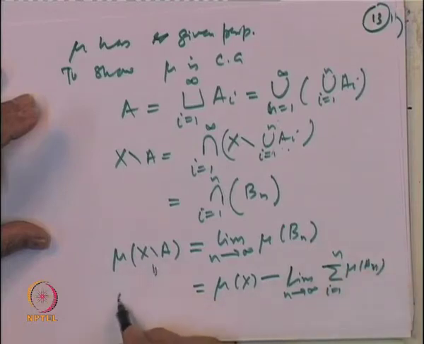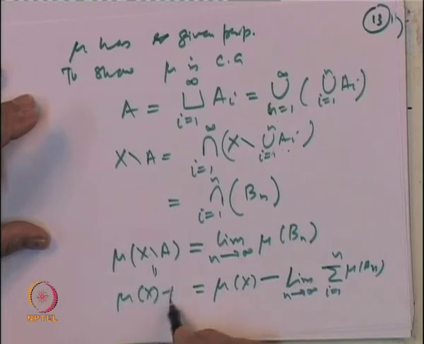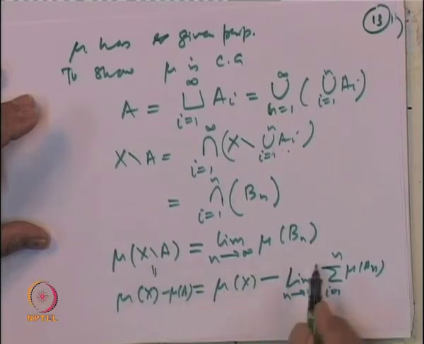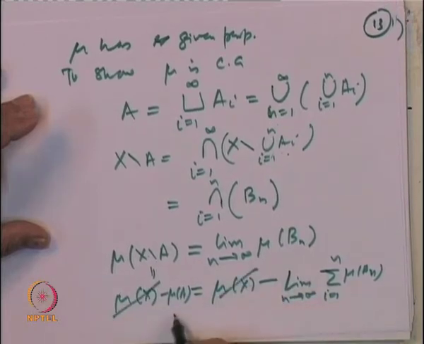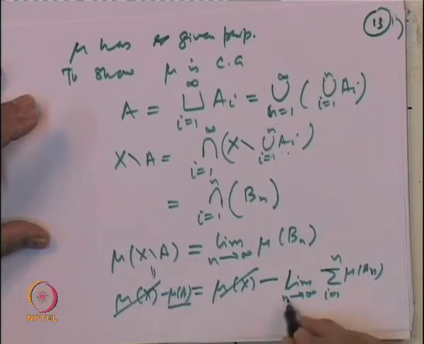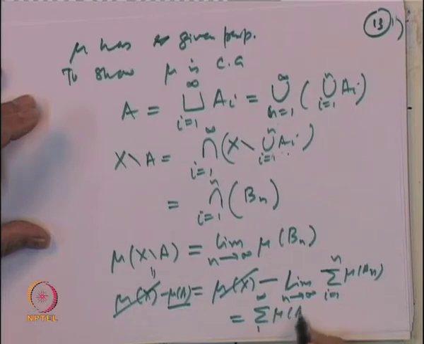And this is equal to mu of X minus mu of A, because everything is finite. So, this cancels with this. So, mu of A is the limit of this, which is equal to the sum from 1 to infinity of mu of A n's. So, that proves countable additivity.